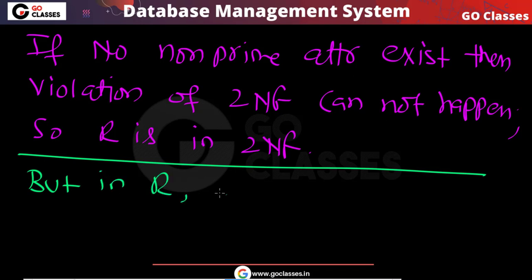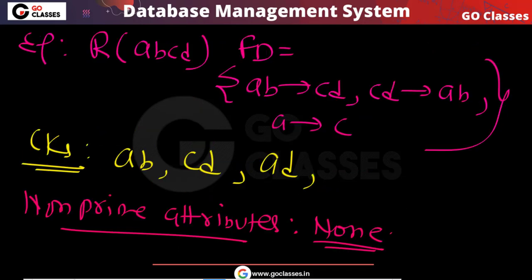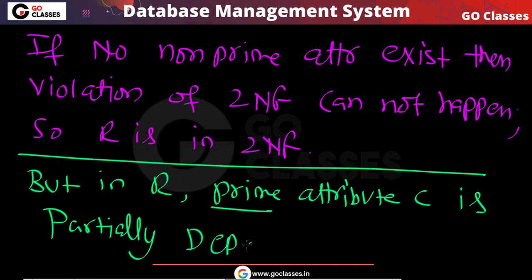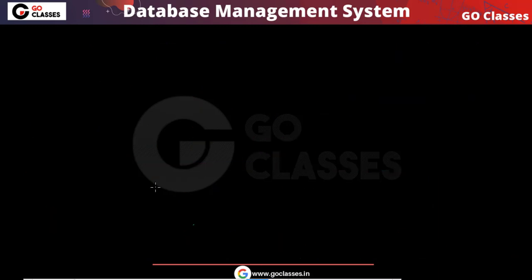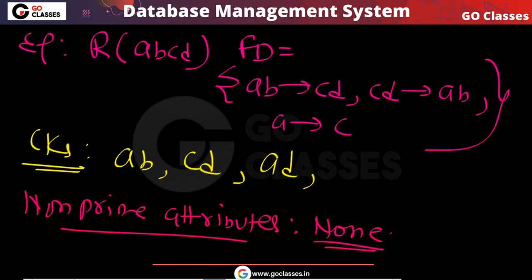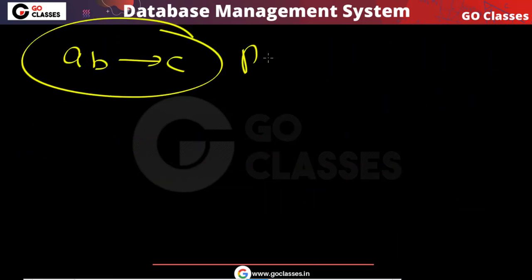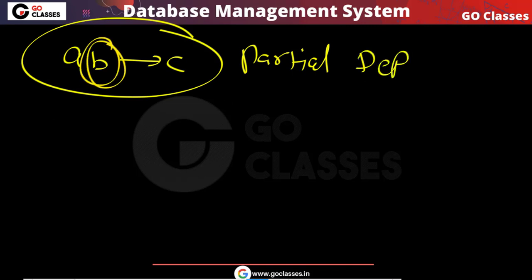Notice this prime attribute C is partially dependent on AB, because A can determine C. That is actually a partial dependency, because we don't need B. A itself can determine C.